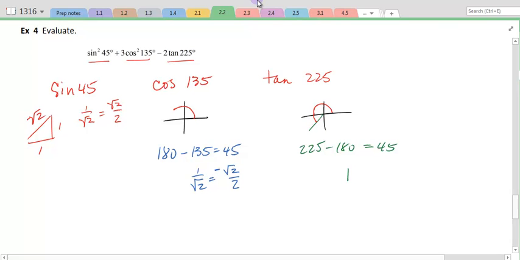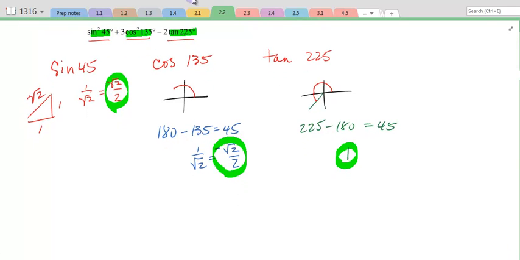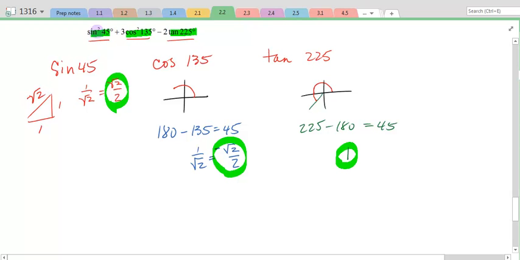So what did I find so far? I found the components, these three values here, that I can then substitute into this expression and simplify. So what this is going to look like looks something like this. If I talk about sine of 45, this actually says sine squared of 45.